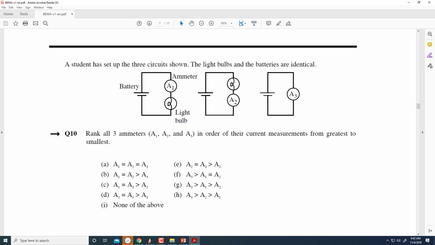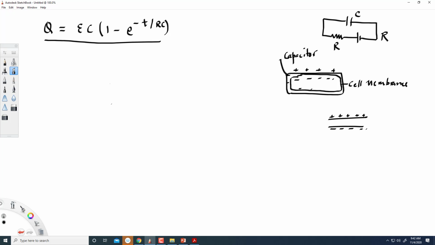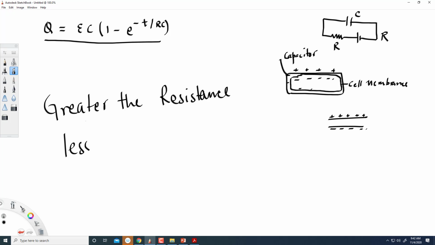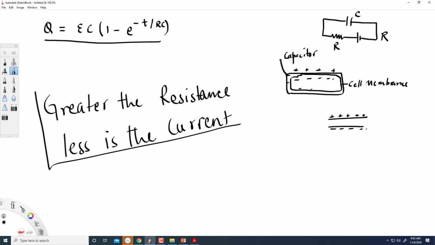Greater the resistance, less is the current. Let me write it here. Greater the resistance, less is the current. That's the thing you need to consider.